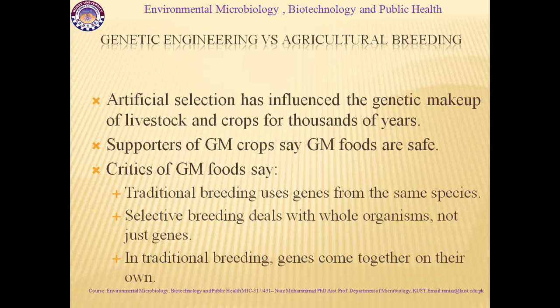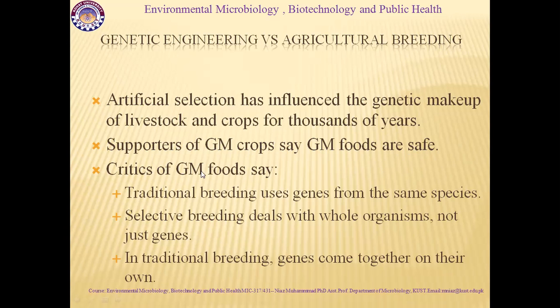Artificial selection has influenced the genetic makeup of livestock and crops for thousands of years. Supporters of GM crops say GM foods are good because they produce more, they are stable, and they are resistant to different chemicals, the environment, pests, and insects.